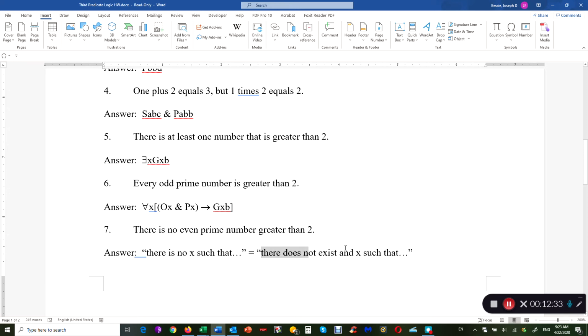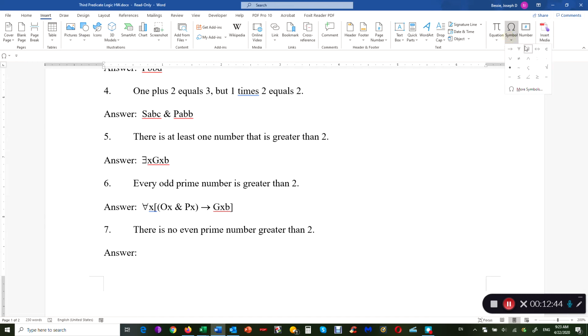Going back to there does exist, sometimes it's easier to say it in the positive and then just negate it. So this says there is an x such that, and to say it's not the case that there exists an x such that, you just put the negation in front of it. There does not exist an x. It's not the case that there is an x such that. What about it? It is an even prime and greater than 2.